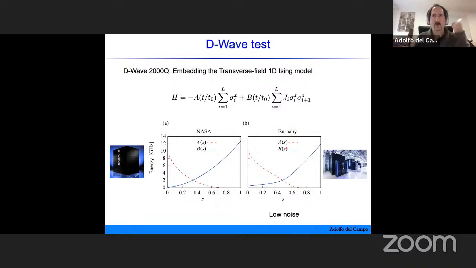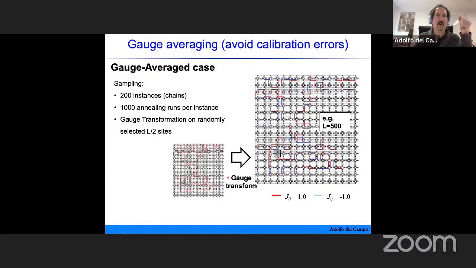We collected data for embedding the transverse field Ising model and driving the phase transition from the paramagnet to the ferromagnet in both. There are some peculiarities as to how you have to embed this. The simulators have a given topology and connectivity of the spins, described by the so-called chimera graph.